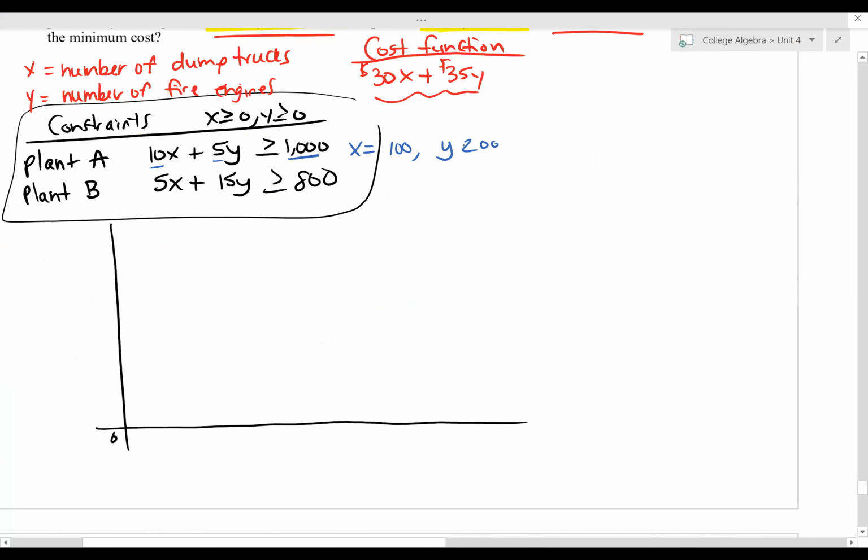And again, that just comes from plugging in 0 for x, so 10x is gone, and plugging in 0 for y, 5y is gone. It's just a shortcut. And then for the second equation, x would be 800 divided by 5, which is 160, and y would be 800 divided by 15, and that's 160 again.